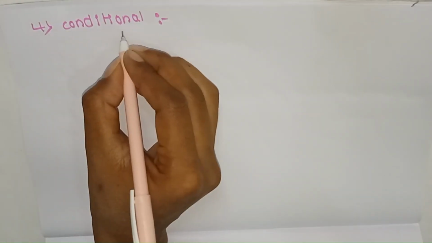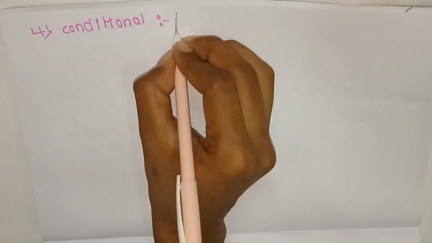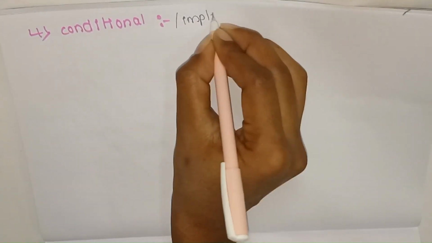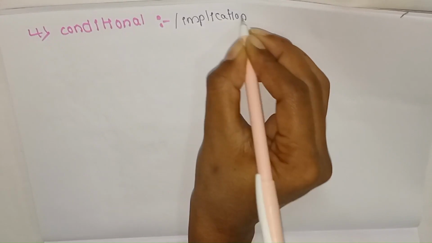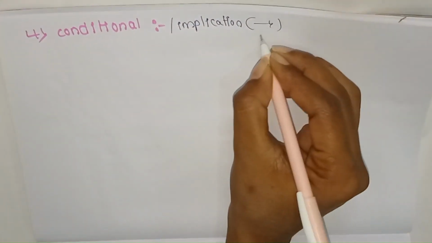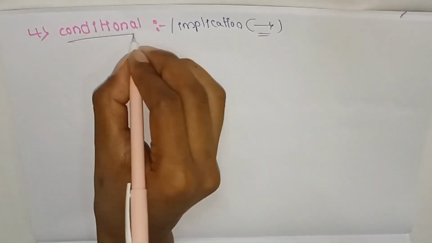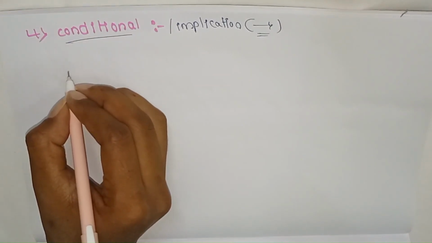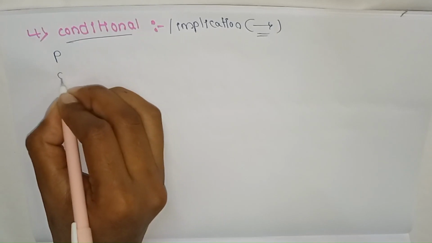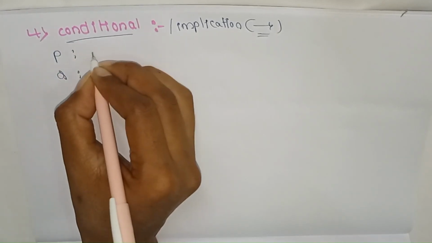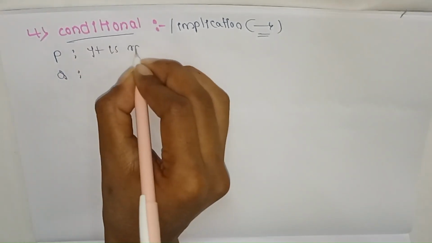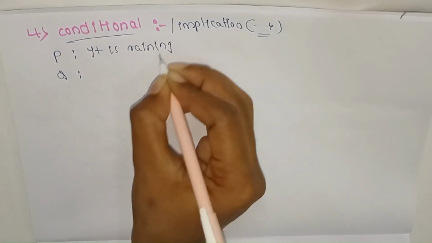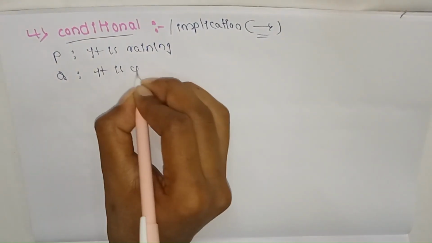So, the fourth one is conditional. It is also known as the implication, which is denoted by an arrow mark. It is called conditional. To understand this, let us consider two statements, P and Q. P as it is raining, Q as it is cool.